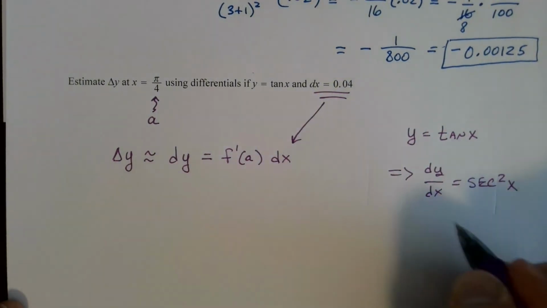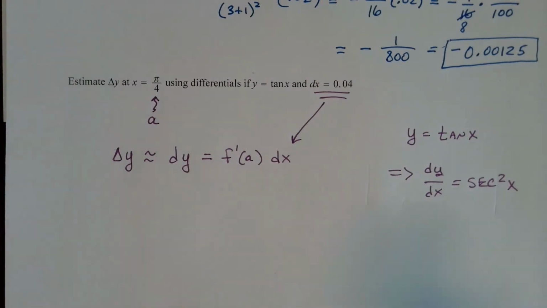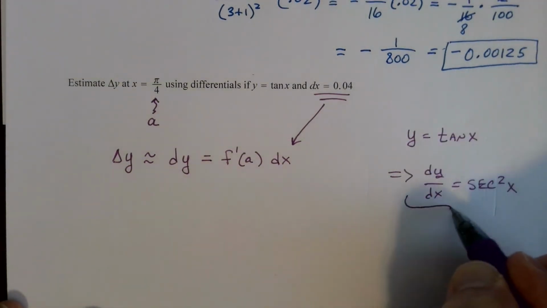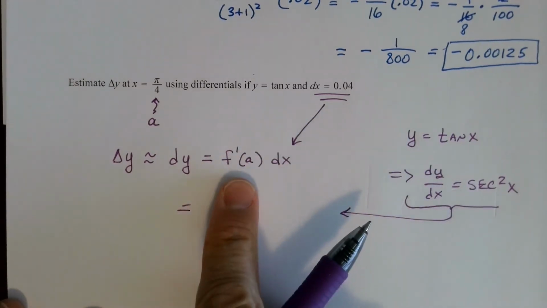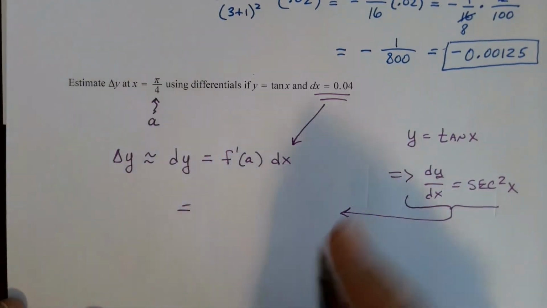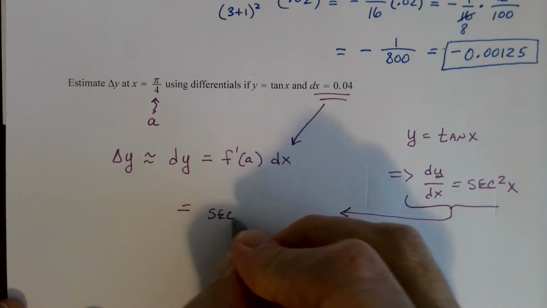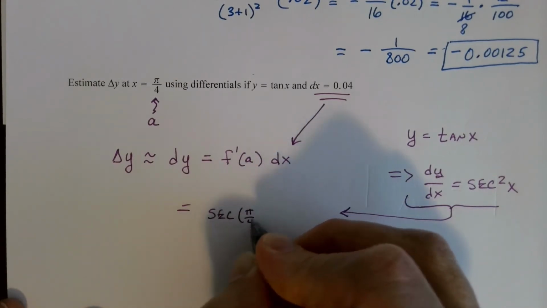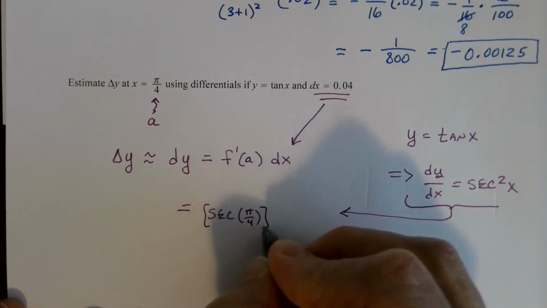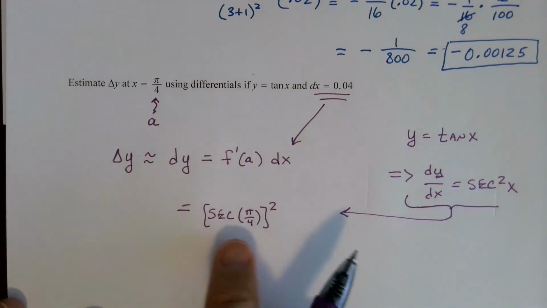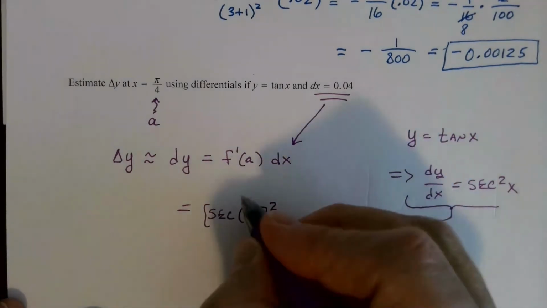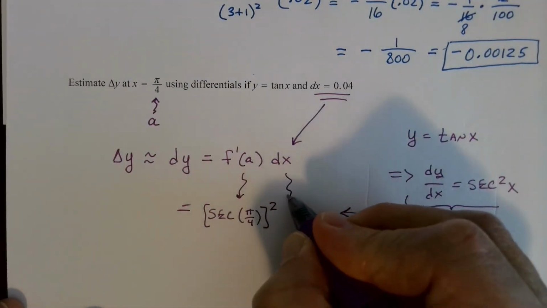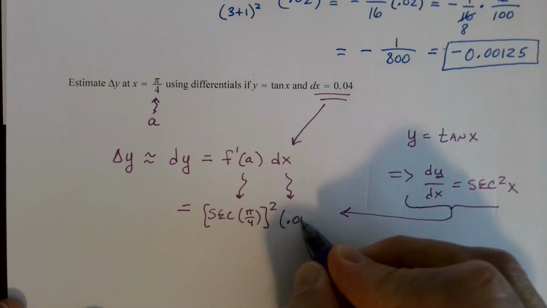And so using that information, this is the derivative evaluated at a. What's a? Pi over 4. So this is going to be secant of pi over 4 all squared, because that's what secant squared x means: secant of x, and then squared. All right, so there's that piece, times delta x, which is 0.04.